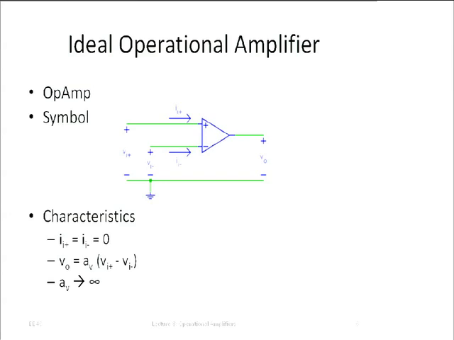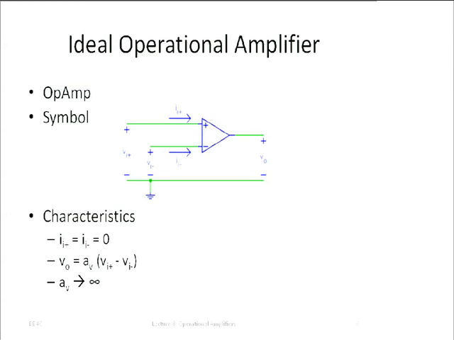If the operational amplifier is good, in particular if it's ideal, then these currents that flow into the inputs are going to be zero. In practice, of course, they're not going to be quite zero, but a femtoamp, it's close, right? Very small. It would be very hard to measure the current that flows into a good op amp.